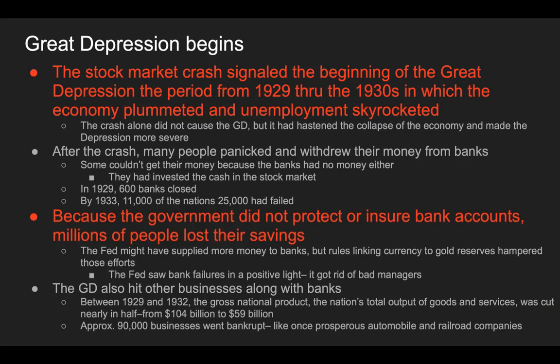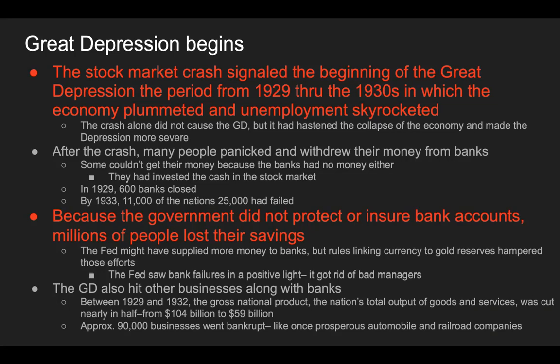Banks use that money to invest their cash in the stock market. So in 1929, 600 banks closed, and by 1933, 11,000 of the nation's 25,000 banks closed, failed.